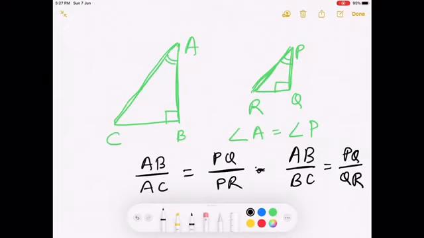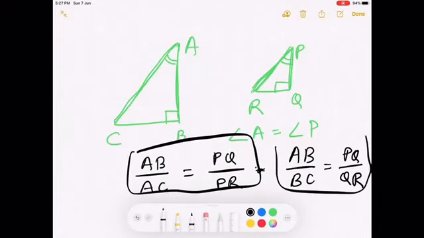Basically what I'm trying to convey here is that if two triangles are similar, then the ratios of their corresponding sides are the same. Just like I have written two of the ratios here, if I want to write in general, I could have considered all three sides.